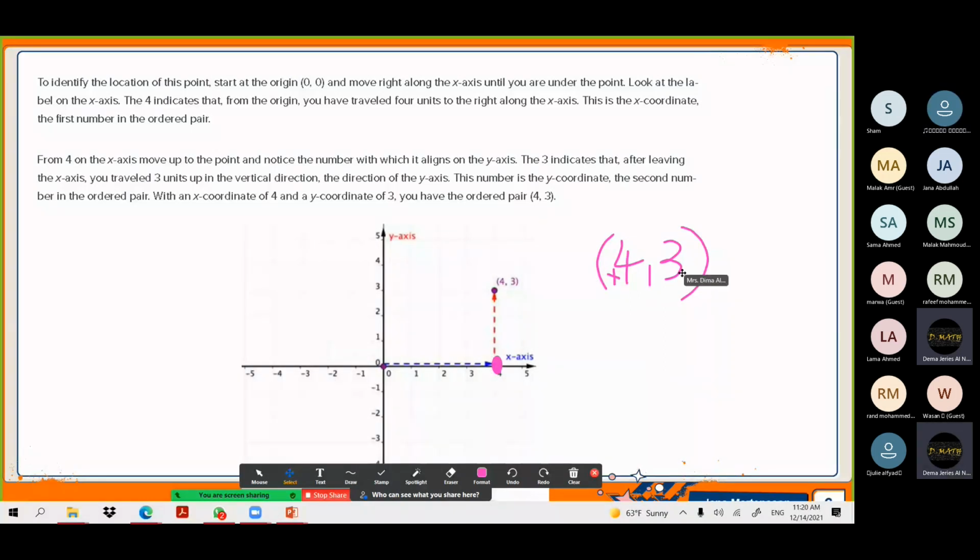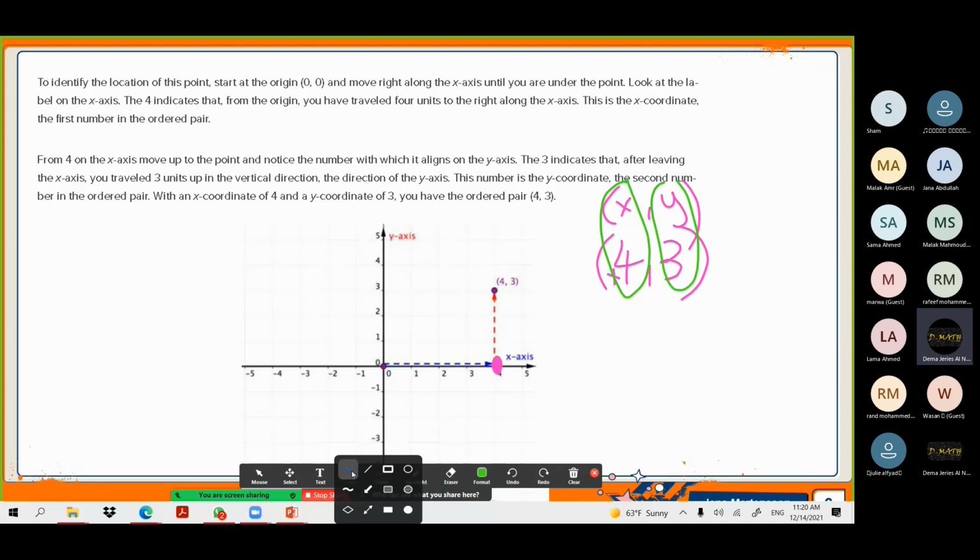Now what about 3? Is 3 the value of x or y? This is x, this is y. So what's the value of y? 3. Is it positive or negative?